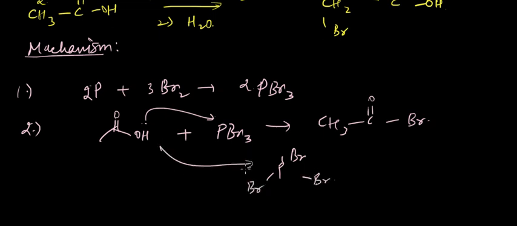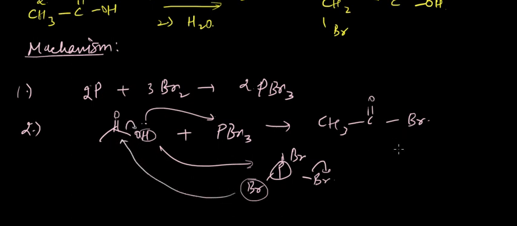Oxygen will attack on the phosphorus atom, and again will form a double bond, thereby releasing one Br, which will attach itself with H plus. And the second time the double bond is formed, this Br minus will go and attack on this carbon atom, and as a result this bond will be broken up. So I hope you get the mechanism.